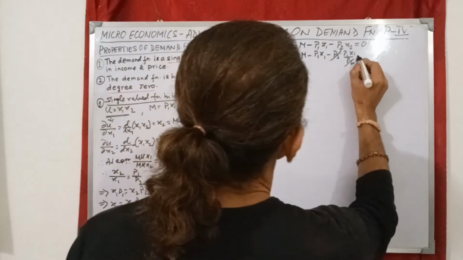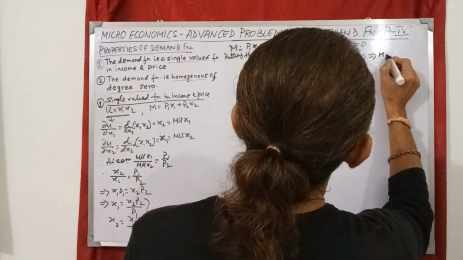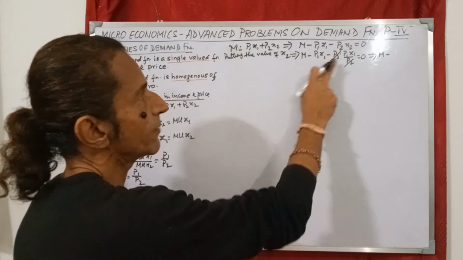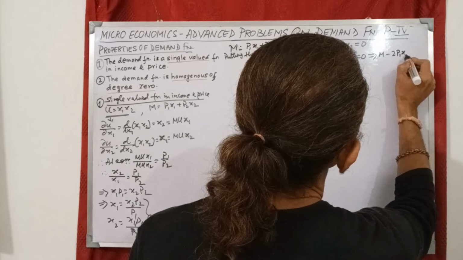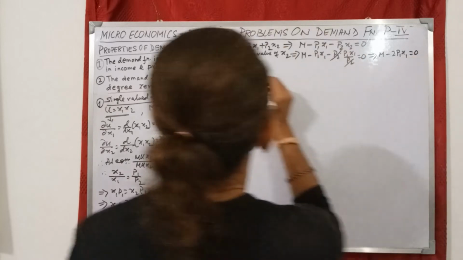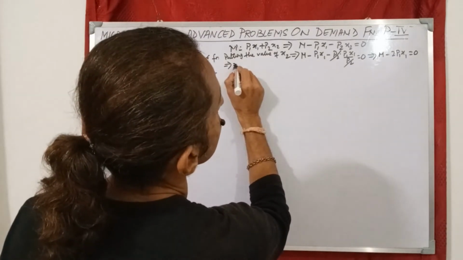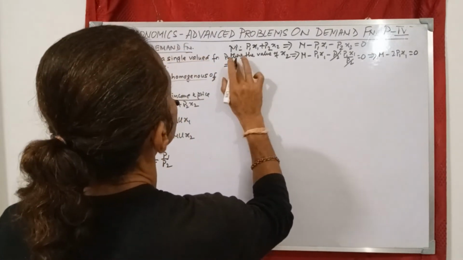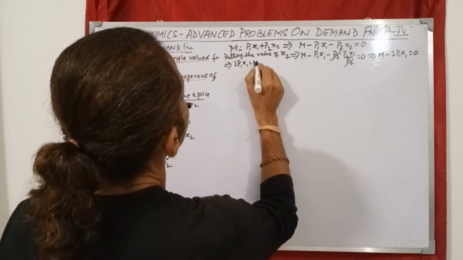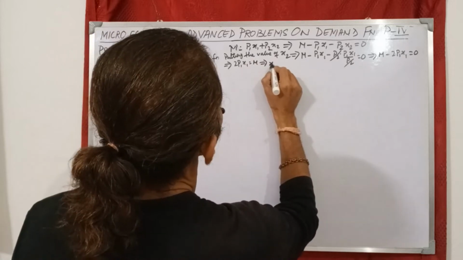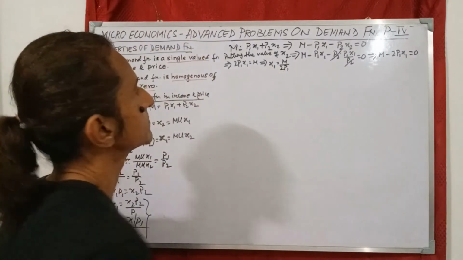So what remains? M minus p1 x1 minus p1 x1, so minus 2 p1 x1 equals 0. This means 2 p1 x1 equals M, that is x1 equals M by 2 p1.